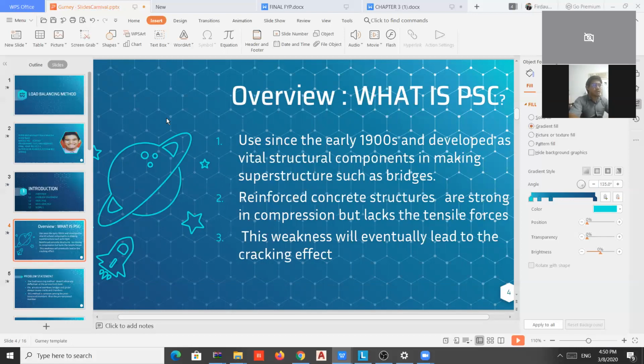With the presence of the PSC, they help to improve the tensile forces with the pre-stressing steel installed in the concrete section.